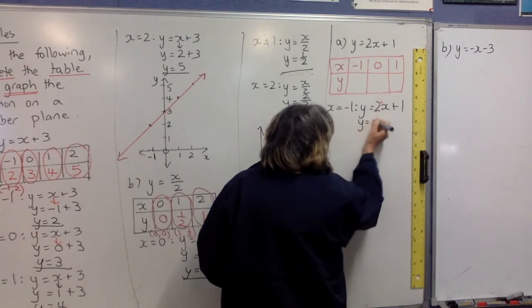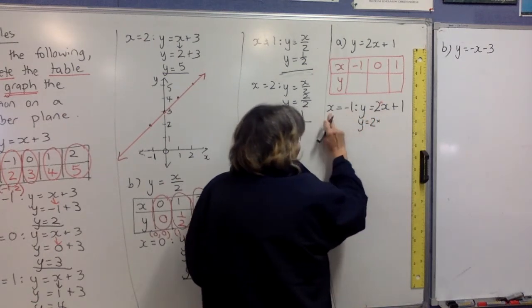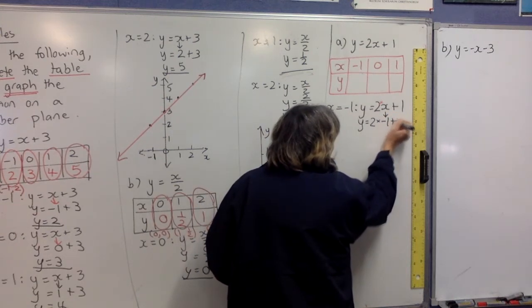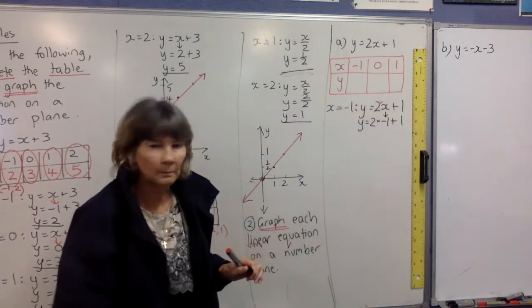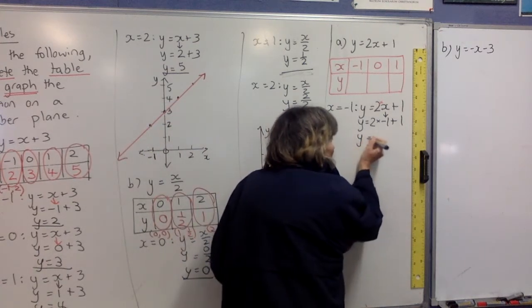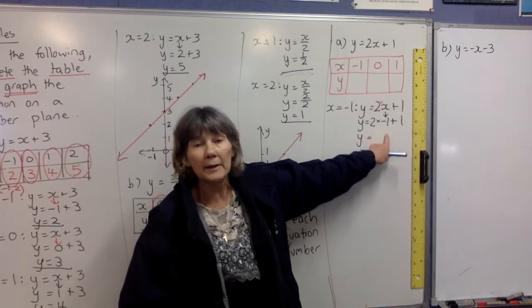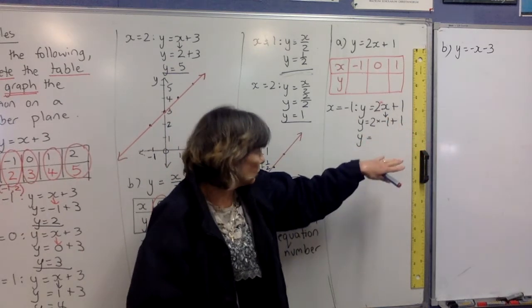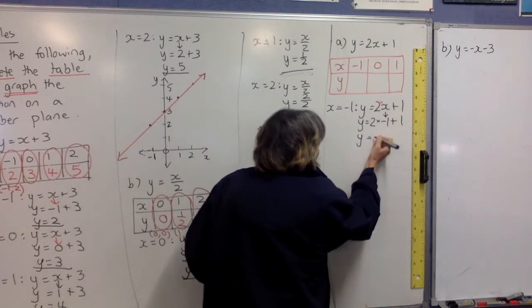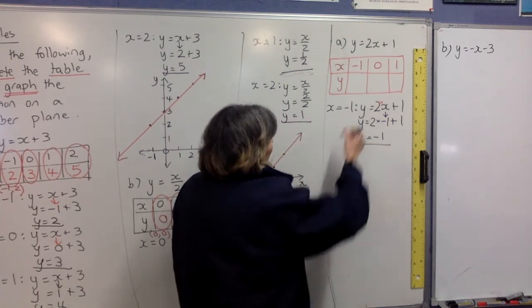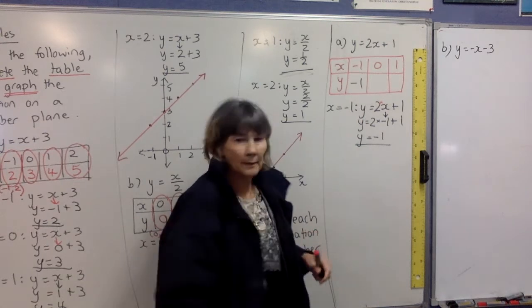So we have y equals 2 times. We're going to put -1 in for x in that spot and keep going with your rule. Now don't forget that all of that can be done on your calculator in one go. So you just do 2 times -1 plus 1 equals. And it should give you an answer of -1. And then we put that answer up under there.